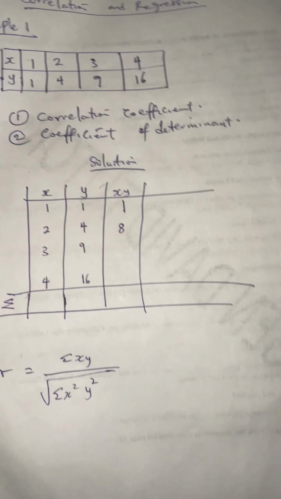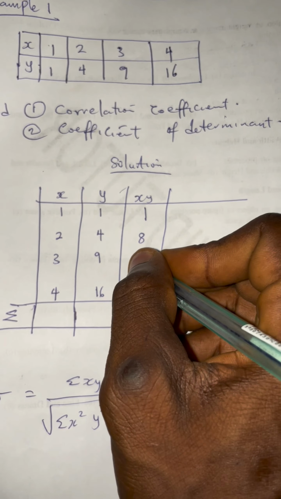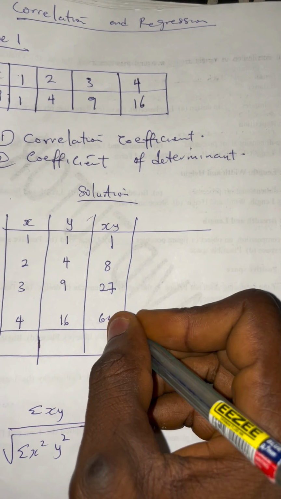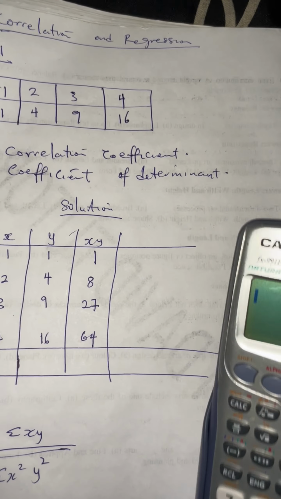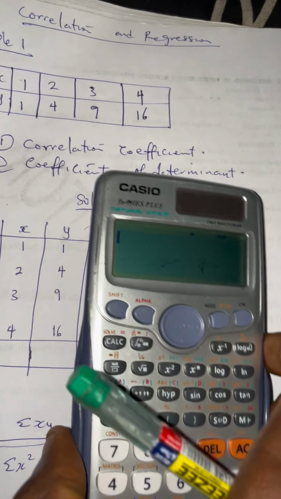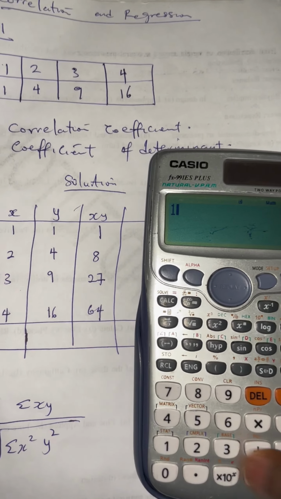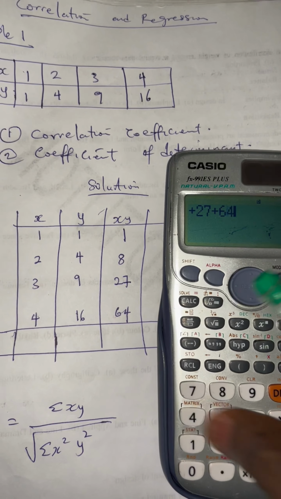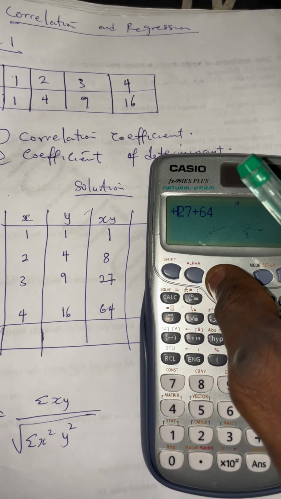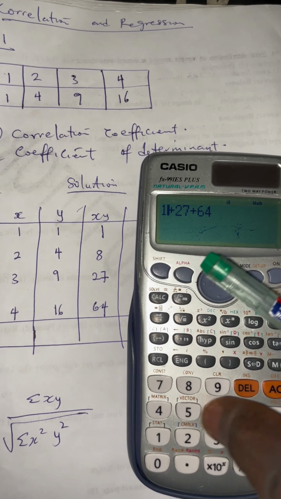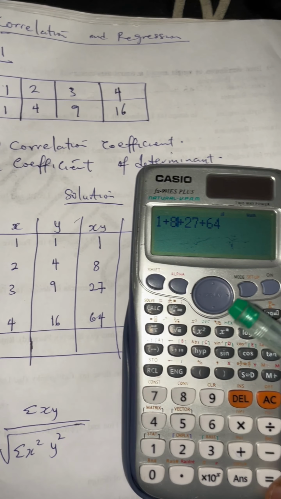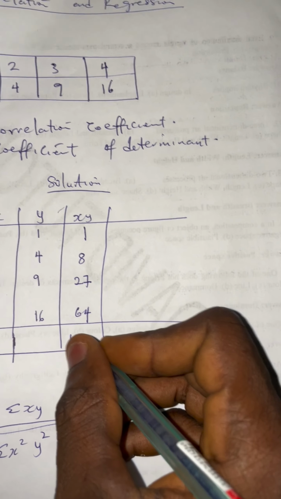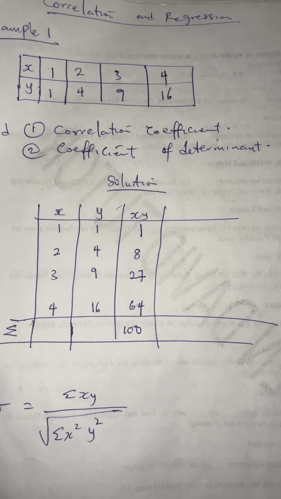Then 3 times 9, that's 27. Then 4 times 16, that's 64. Then if you add all these together, 1 plus 8 plus 27 plus 64, that's 100. The summation of xy is 100.